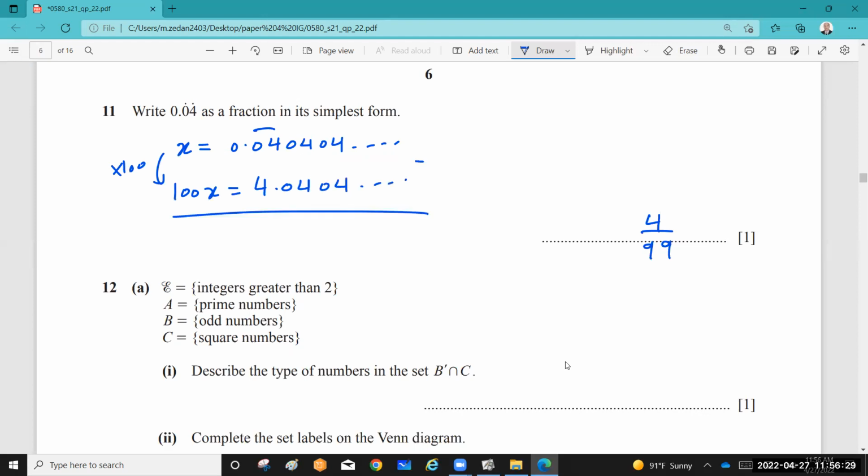Now, if you subtract the two values, 100x minus x is 99x. You subtract this way to avoid getting a negative number. And 4 minus 0 is 4. The decimal part is completely the same, so it cancels. So 99x is 4. It leads us to write x equals 4 over 99, by dividing each side of the equation by 99.